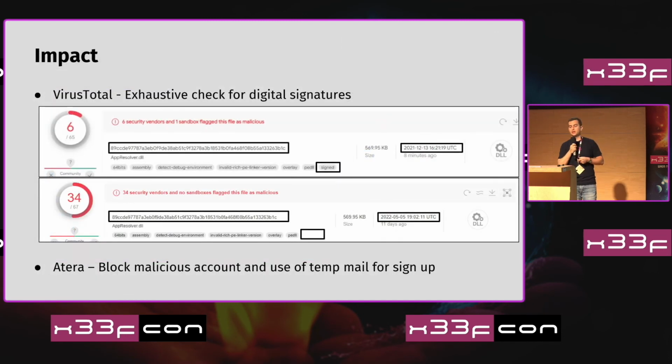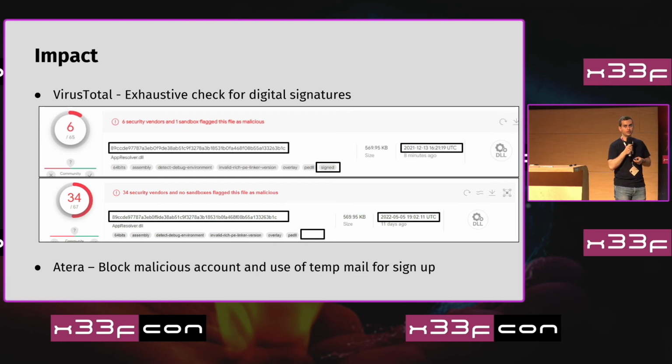Let's talk a little bit about the impact that we had after publishing our research. Here at the top, you can see the malicious DLL with the script on VirusTotal. You can see that in December, this DLL had a signed tag on VirusTotal.